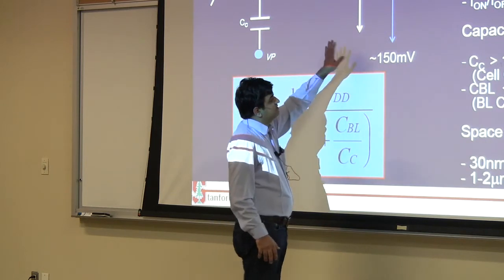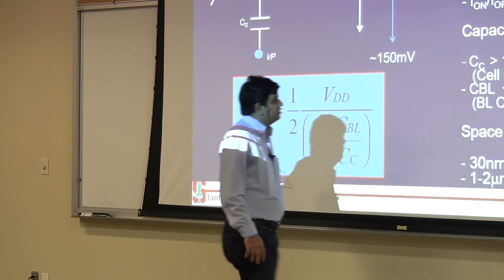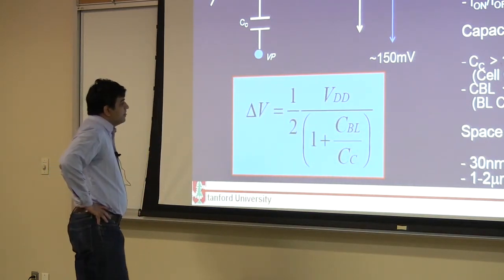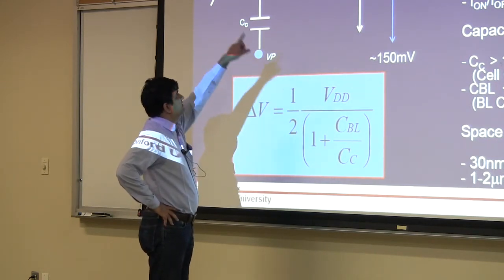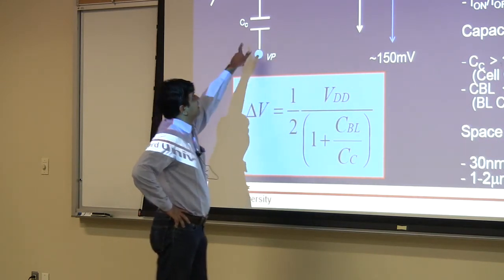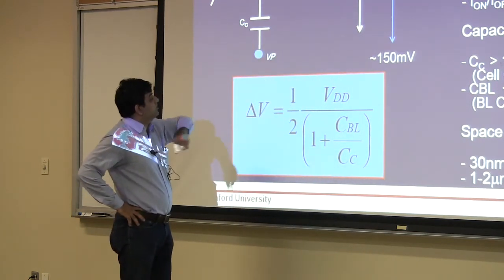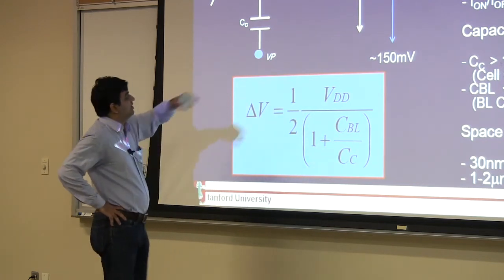So the bit line capacitance has been going up. Currently, it's around 100 femtofarads, and the voltage you get on your bit line is essentially just these two capacitors connected in series. So the voltage you get on that node is essentially just series division between these two capacitors.